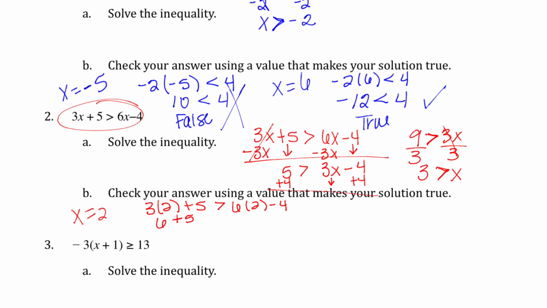Drop down your plus 5. What's 6 times 2? 12. What is 6 plus 5? 11. Drop down your greater than. 12 minus 4, what is that? 8. Is 11 greater than 8? Yes, this is true.